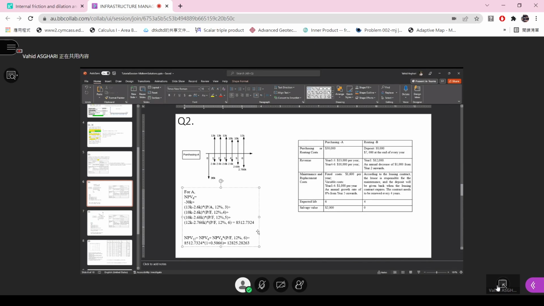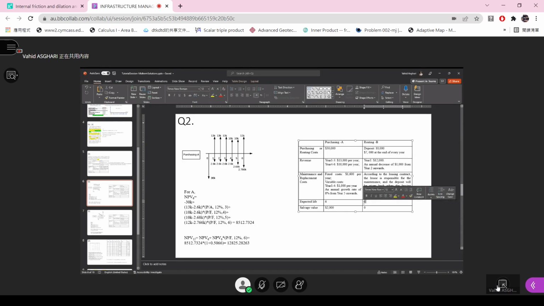But as I told you during the previous tutorial sessions, and I totally remember that, the timelines should be equal to each other. If not, we have to find a timeline and repeat the cash flows. So if we repeat this cash flow 2 times, or the equivalent of this cash flow 2 times, we will basically have to repeat it one more time because the other one is 4 years.